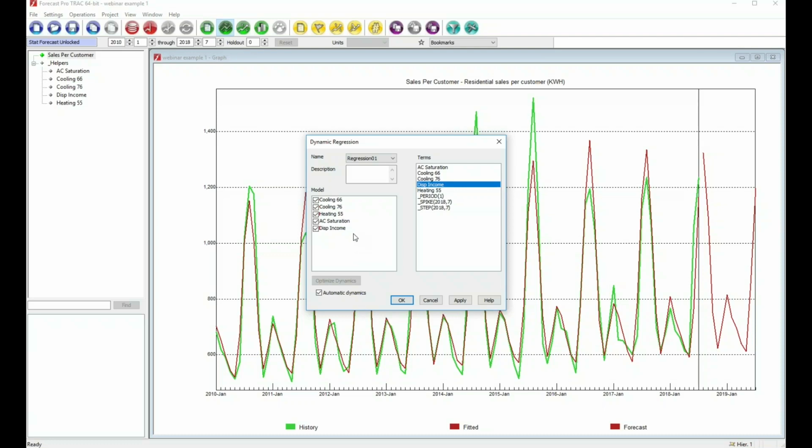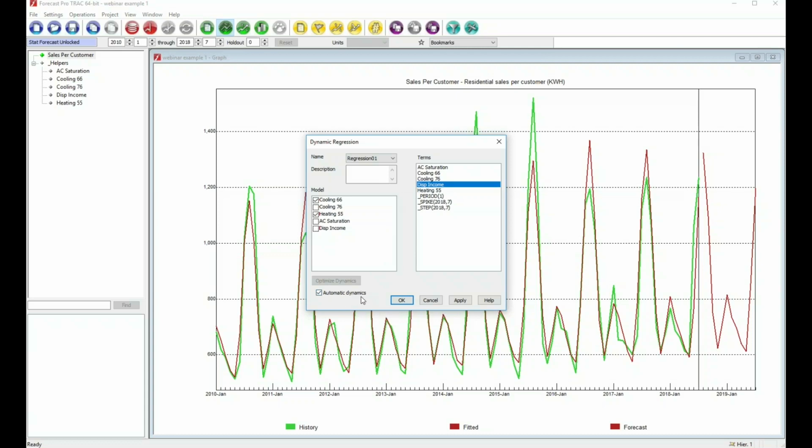Now, I'm actually going to start with a model that includes the cooling degree 66 and the heating 55, and I'm going to turn off, by removing these check marks, the other variables. In Forecast Pro, there are two ways of building regression models. One is to determine your explanatory variables and let Forecast Pro automatically determine the dynamics.